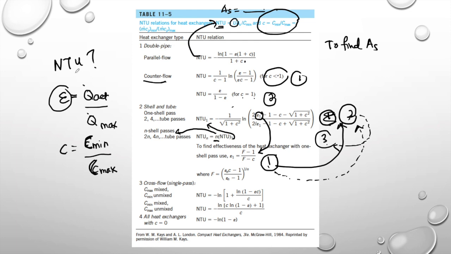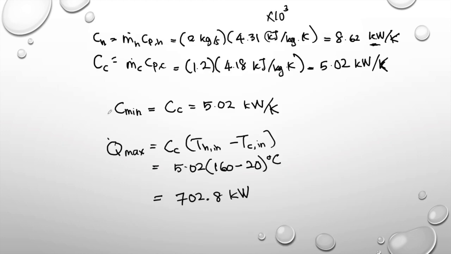The question asks about the length, and of course area cannot be calculated. So we have to refer to table 11.5 in order to get the value for the NTU. So now we are required to find the effectiveness, which is Q dot actual over Q dot maximum.